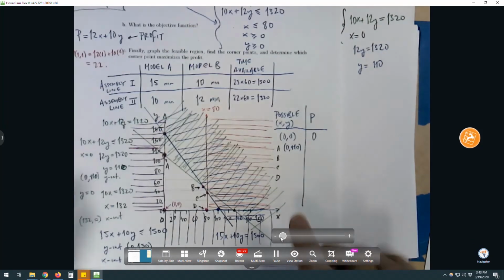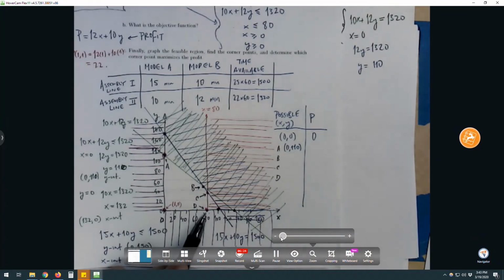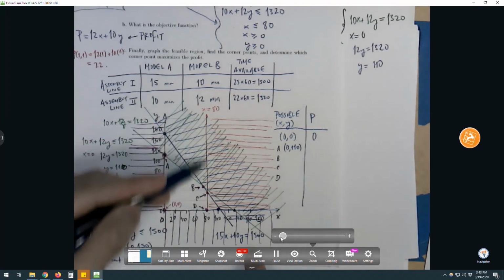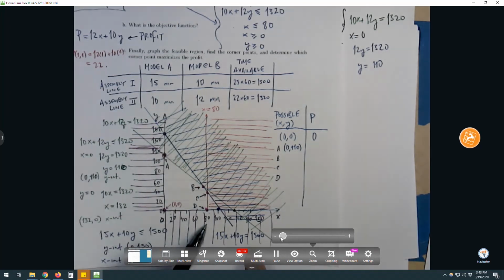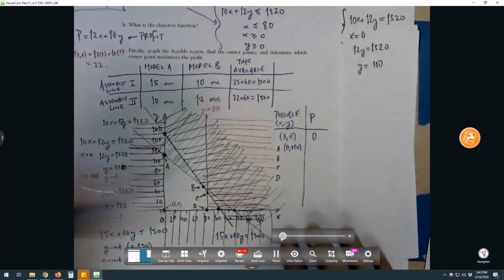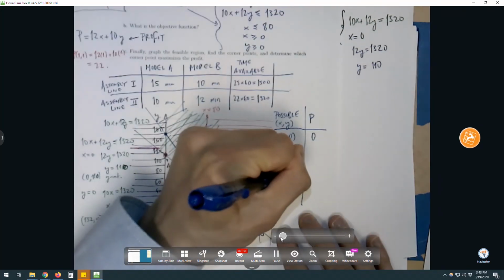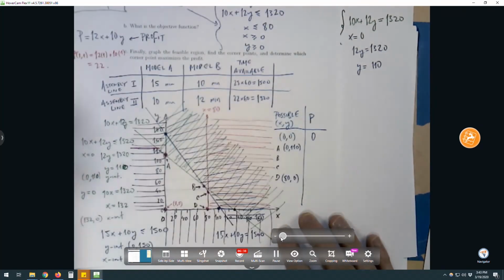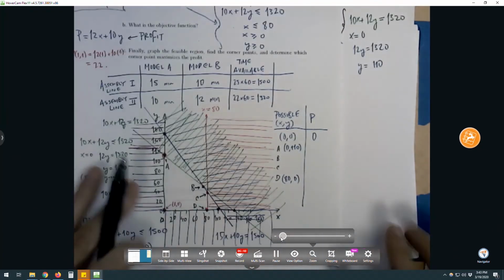Now, D is also not going to be too bad to figure out as well. D is where this vertical line intersects the x-axis, which is 80. X equals 80. So that one's not too bad to figure out as well. Now the ones that we have to think about are B and C, and how are you going to get B and C?